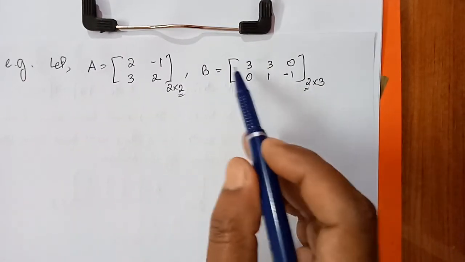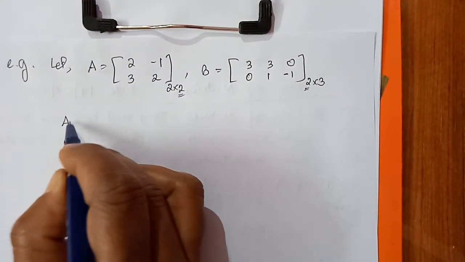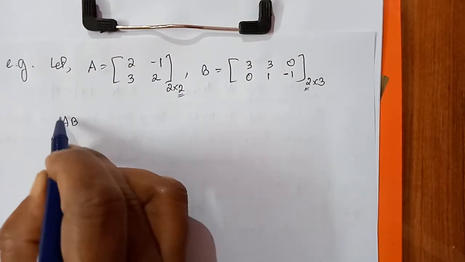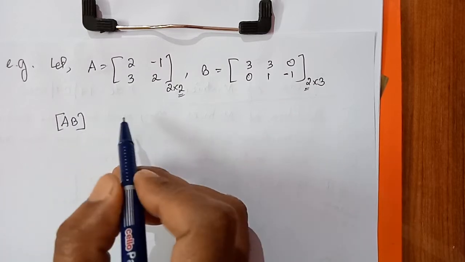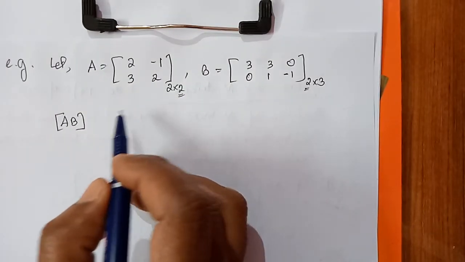Both are the same, so the product of these two matrices is possible. That means the product of A and B is possible.